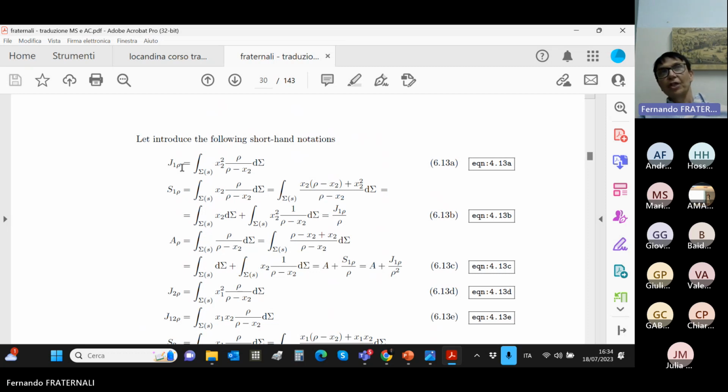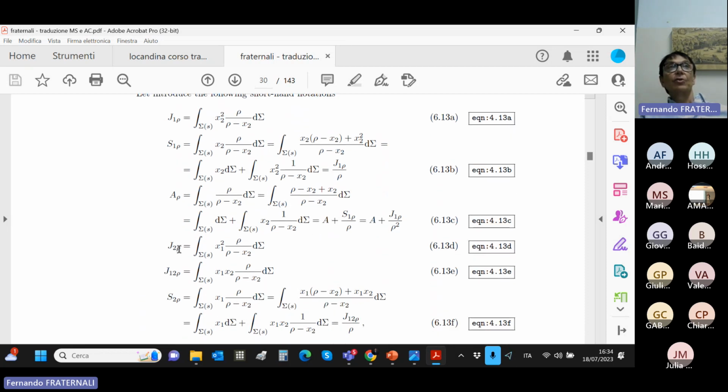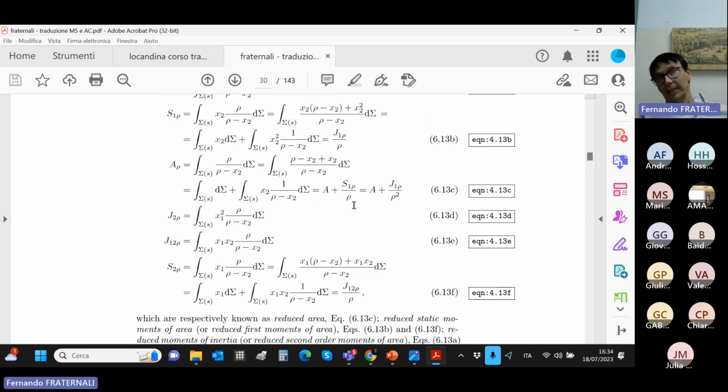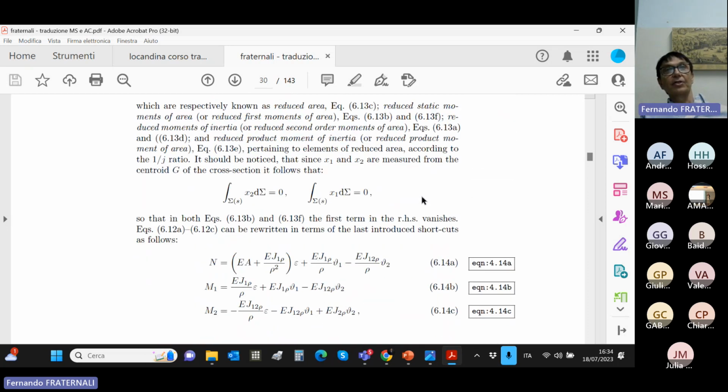J1 rho is equal to J1, because if rho is infinity, this term is 1. S1 rho is 0, A rho becomes the area, J1 rho becomes J1, J12 becomes 0 if we are taking the principal moment of inertia, and also S2 becomes 0. But generally speaking, those quantities are not zero. So we have this coupling.